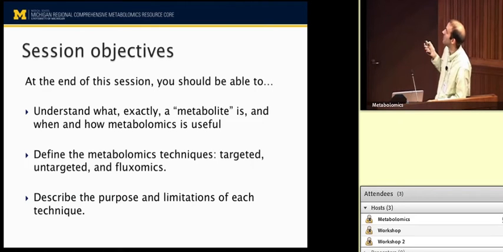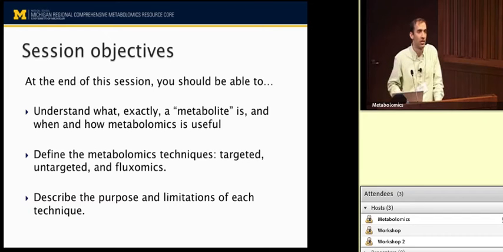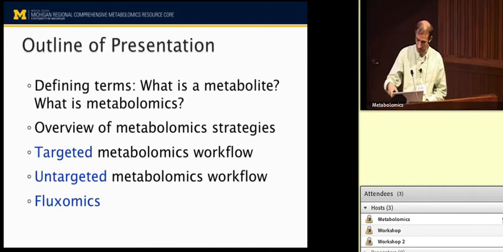We're going to go in detail and break down these three techniques in a sort of classroom manner. We'll describe the purpose and limitations of each technique, and then we'll give some examples. You've already seen good examples of all of them, and hopefully this talk will cement that in your mind and give you some additional perspectives as well.